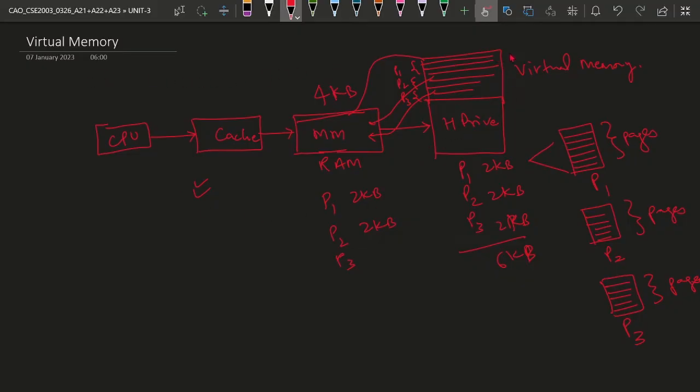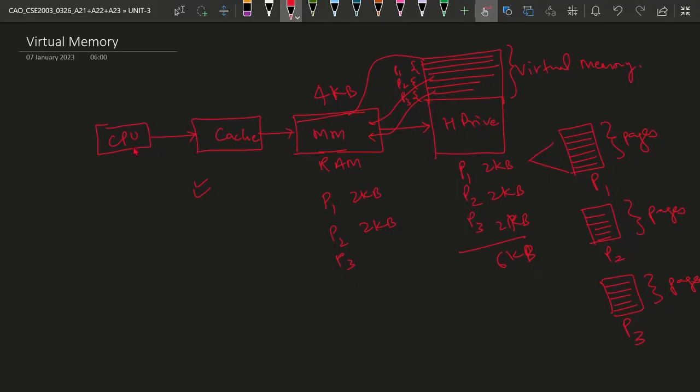Virtual memory is a part of the hard drive itself, the secondary memory that we basically use, and here all the code and data are stored. All these processes are stored in the hard drive only, that is the virtual memory.